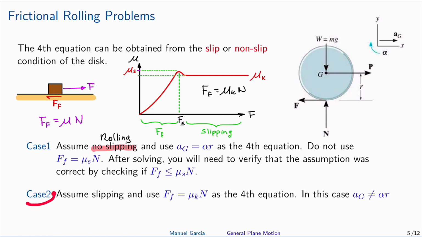On the other hand, we can assume slipping, so we assume that the friction force is equal to mu k multiplied by the normal, so we are in the slipping region. And for the fourth equation, in this case we cannot assume that the acceleration of the center of mass is equal to alpha multiplied by r.